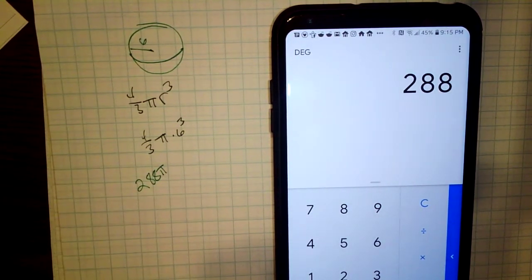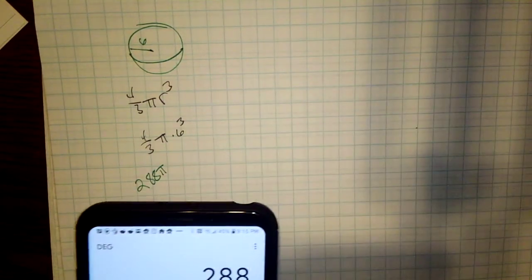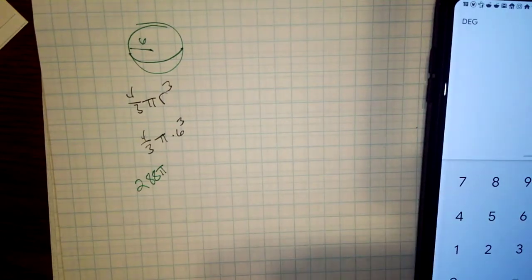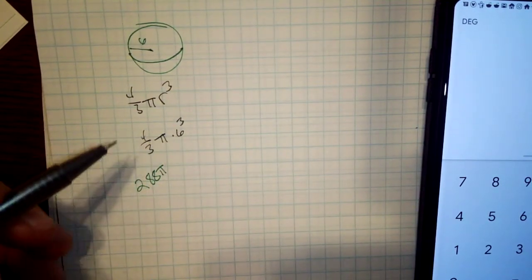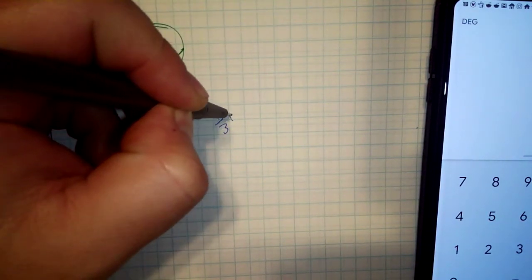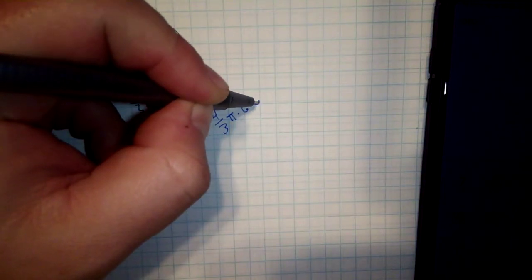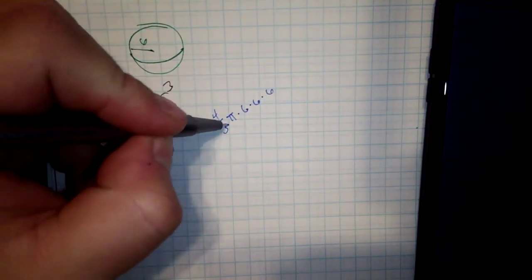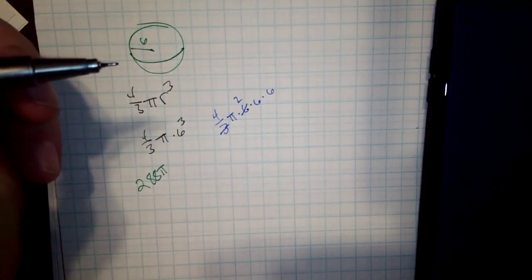Another way to do it, a little more Common Core mathy, is breaking up the numbers and puzzle piecing it. So 4/3 pi times 6 to the 3rd is the same thing as 4/3 pi times 6 times 6 times 6. Well, I can divide this 3 into that 6, and I get 2.